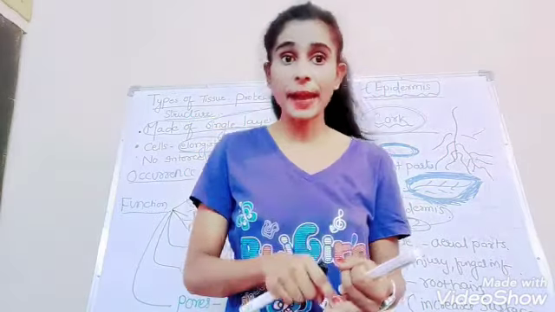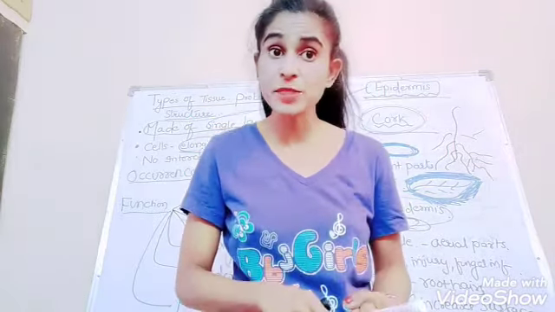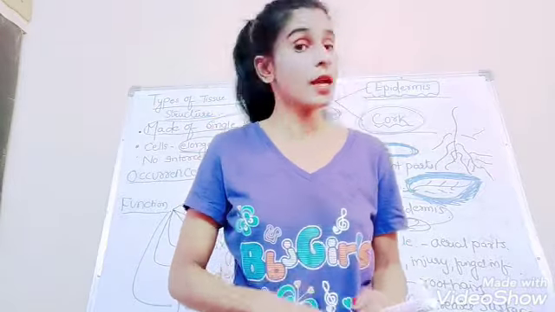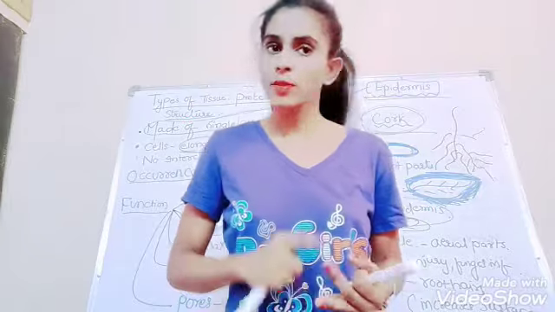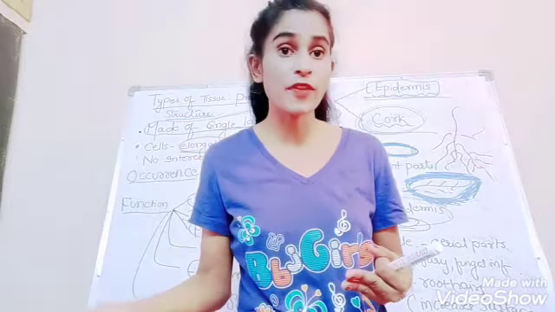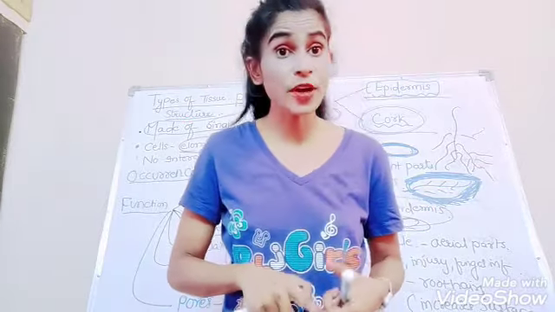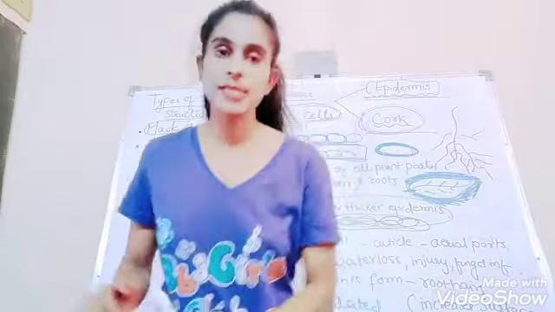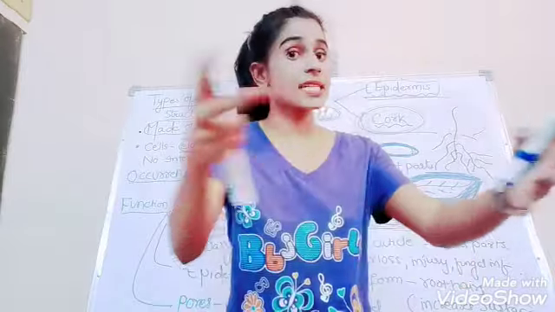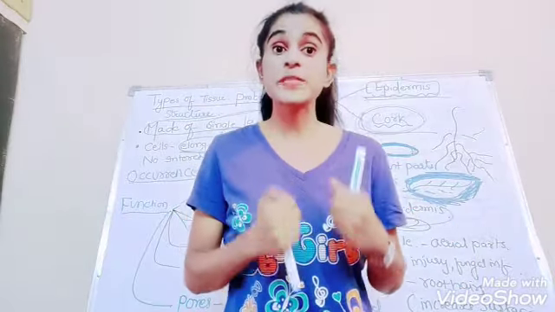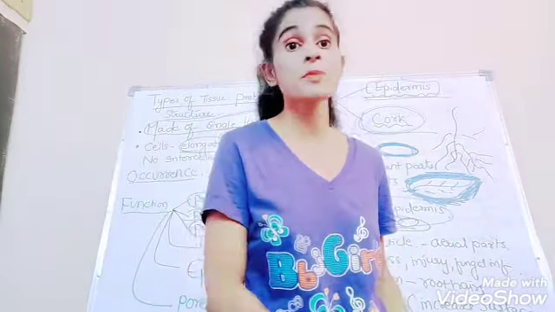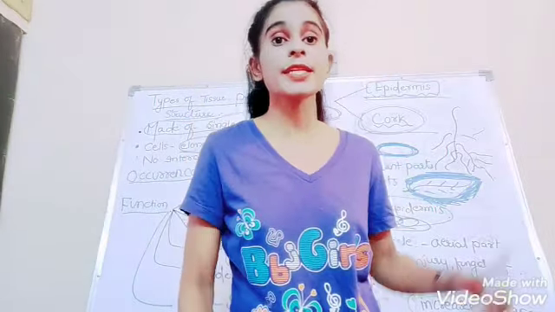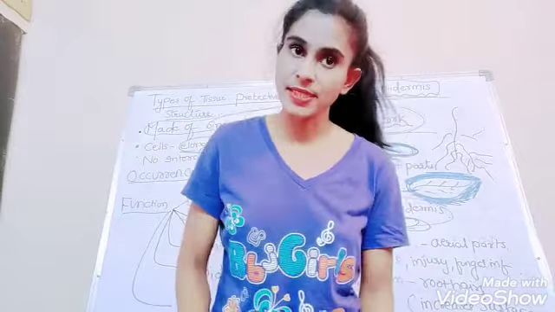Again, in dry habitats, a waxy substance is present that is called cutin, and a layer of cutin is called cuticle. It also prevents the loss of water. The most important function obviously is to provide protection, and another important function is that it forms root hairs. Root hairs increase the surface area, which helps in easy and maximum absorption of water and minerals, which is the most important requirement of our plants.